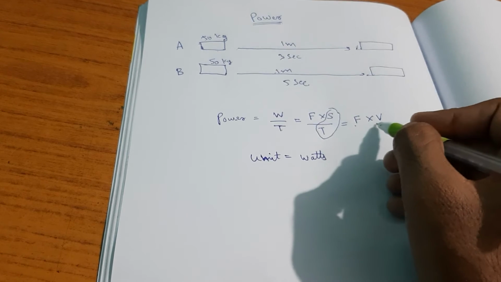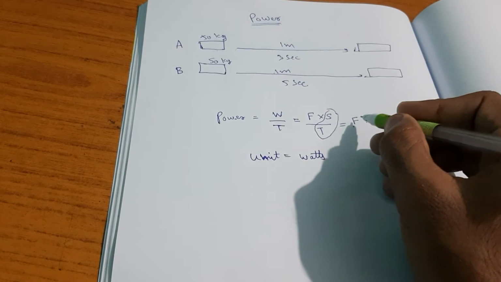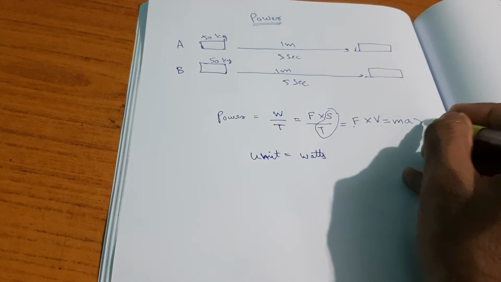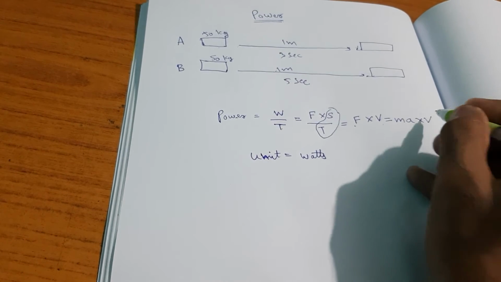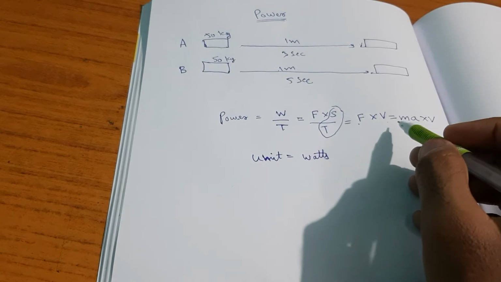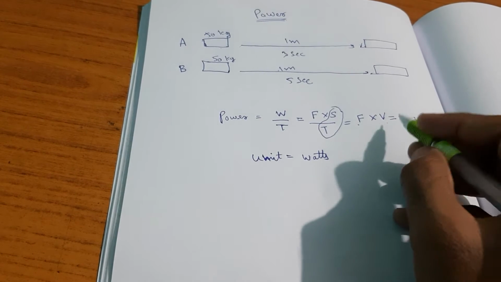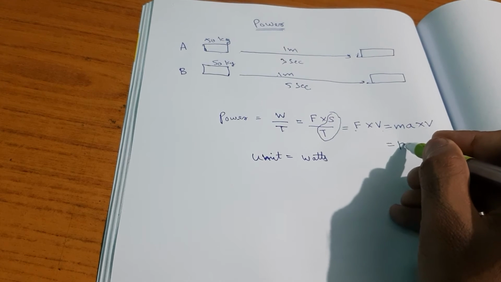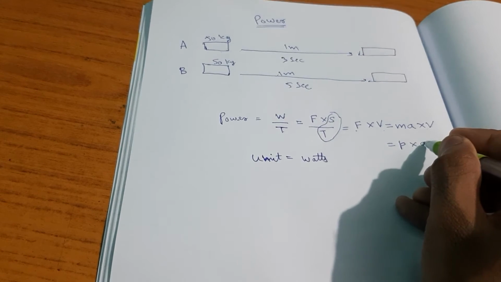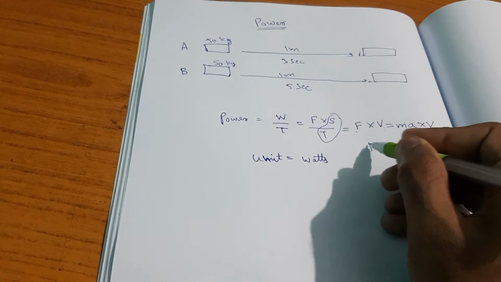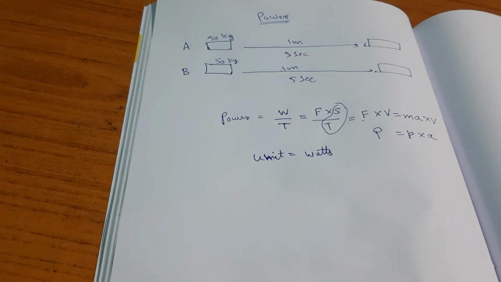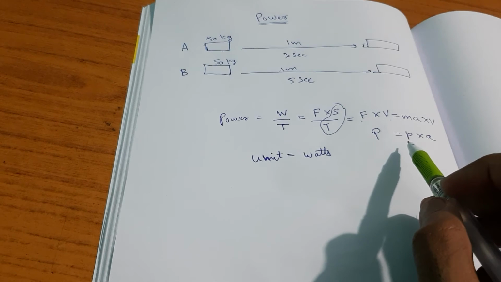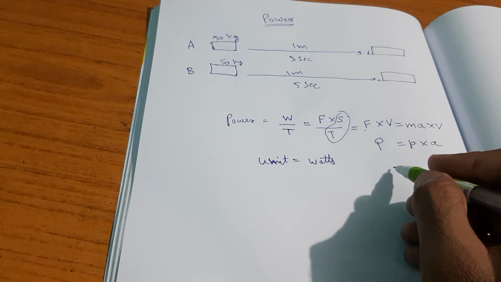We can simplify this equation again as we know that force is equal to mass into acceleration, and this velocity is v. Now mass into velocity is momentum. So let me write it as momentum into acceleration. This also can be power. How can we define power in terms of momentum and acceleration?